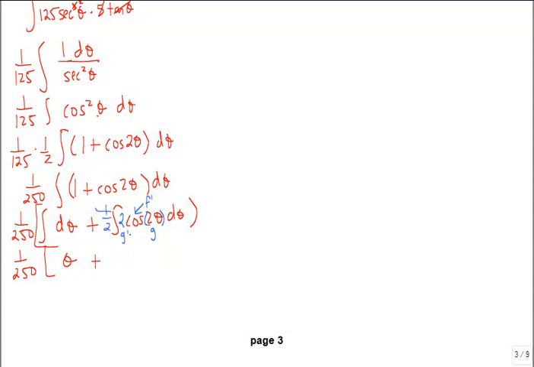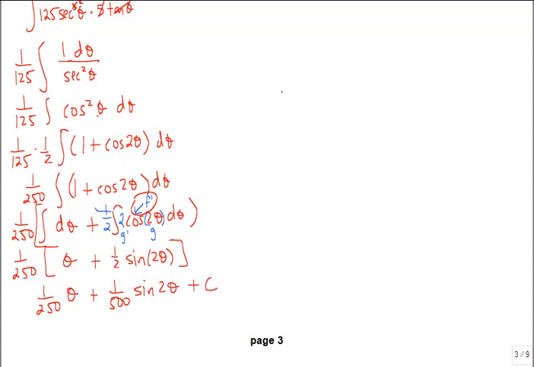And the only part of this that you integrate is that outer function, which is that cosine. The integral of cosine is sine. And it's going to be sine of that same 2 theta, and that counterbalancing 1/2 that we had out front is still there. So when I distribute my 250 across, I'm going to get 1 over 250 times theta plus 1 over 500 sine of 2 theta plus c.